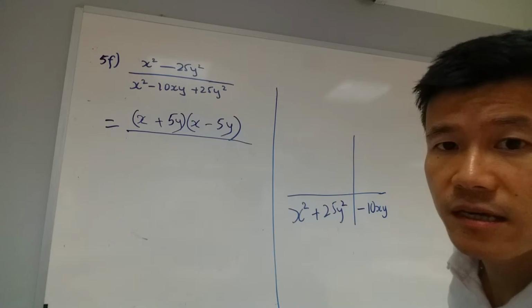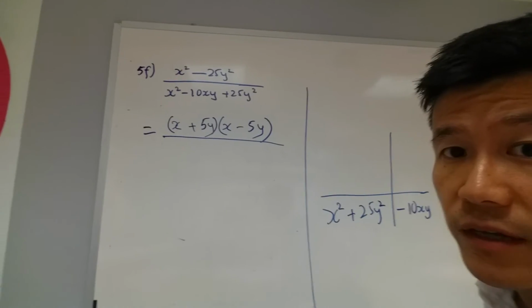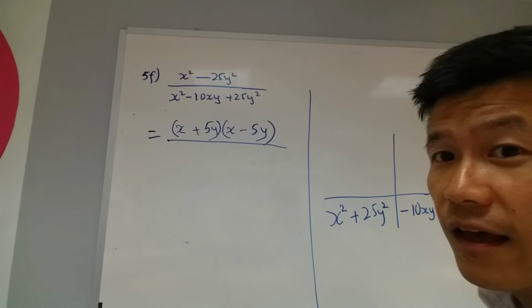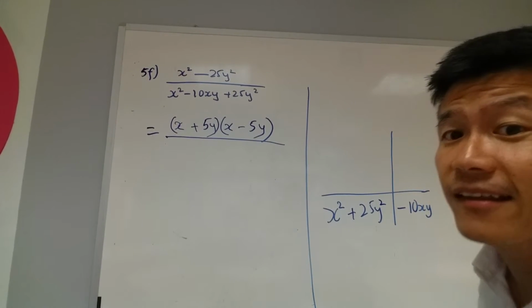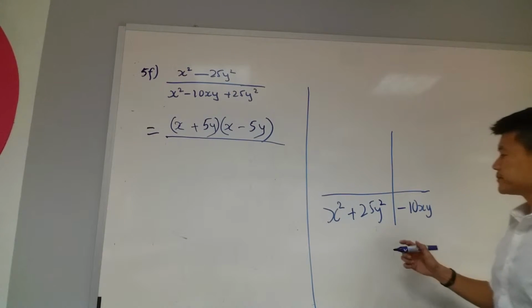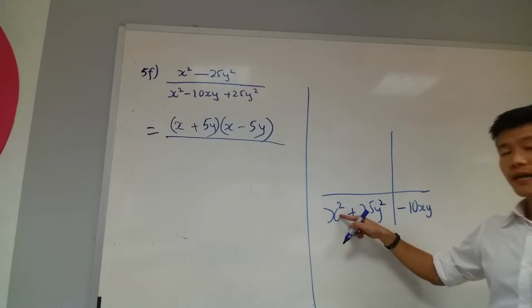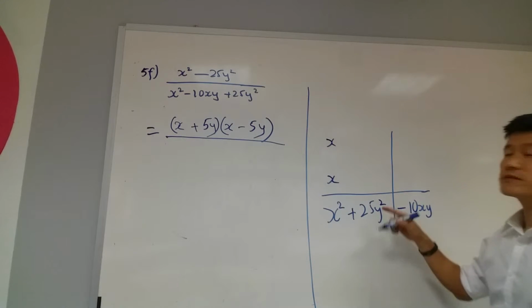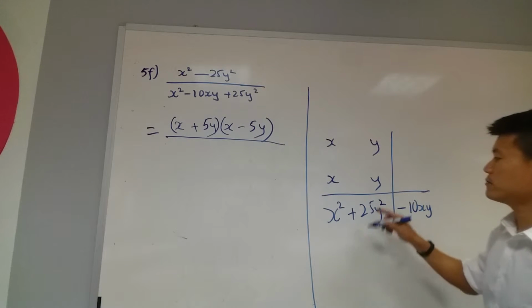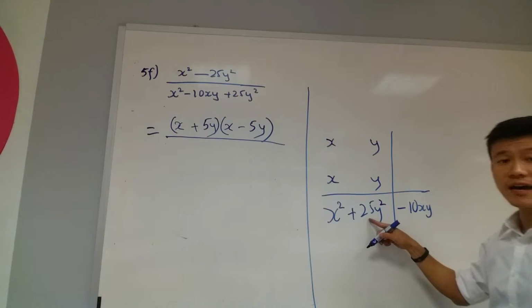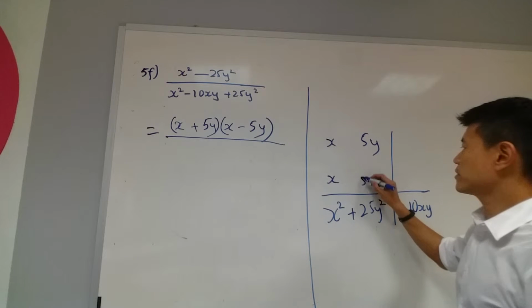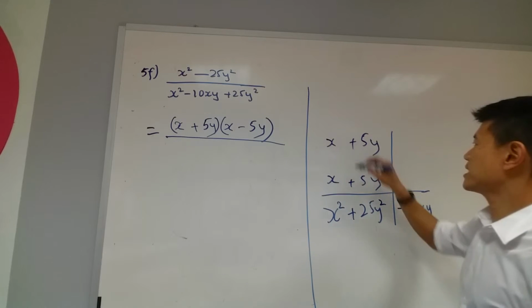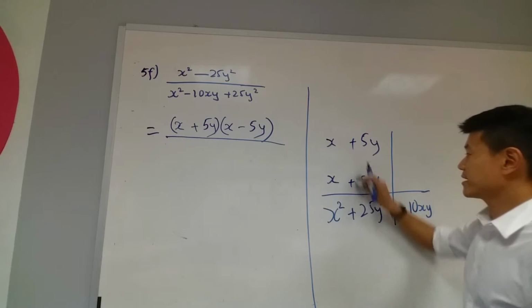I hope you guys can see this. Let me just shift it over so that it's a little clearer. Okay. What times what gives me x squared? Very simply, x times x, and over here it's y squared, so y times y. Oh, sorry.